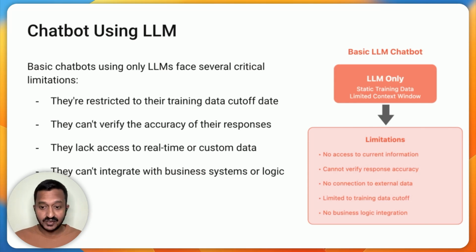There is no access to current information, and these systems can't verify the accuracy of the responses. The chatbot produces responses, but who will say how accurate they are? And they lack access to the real-time or custom data that you want to use in your industry or where you're working.